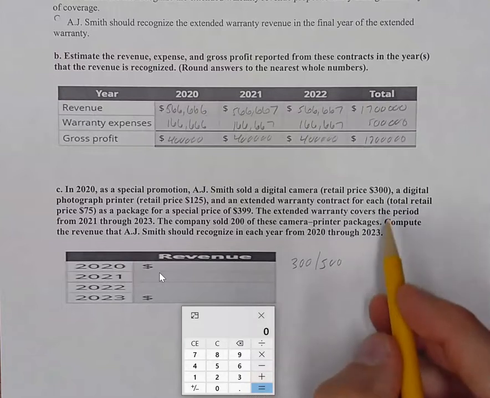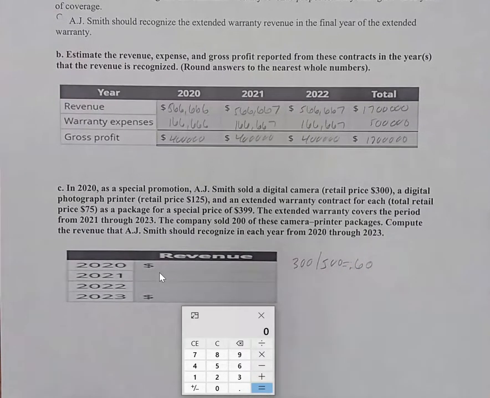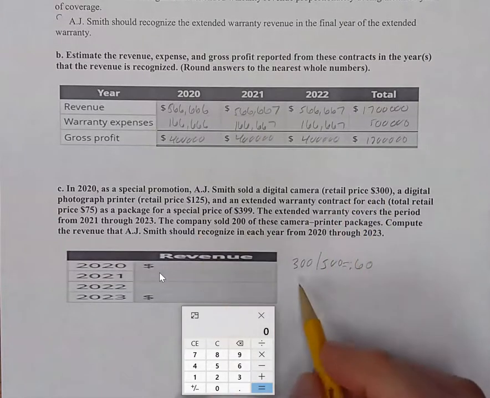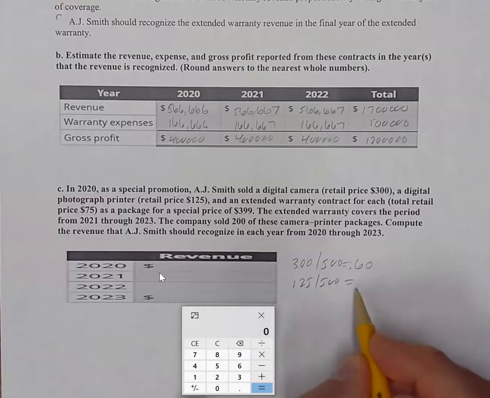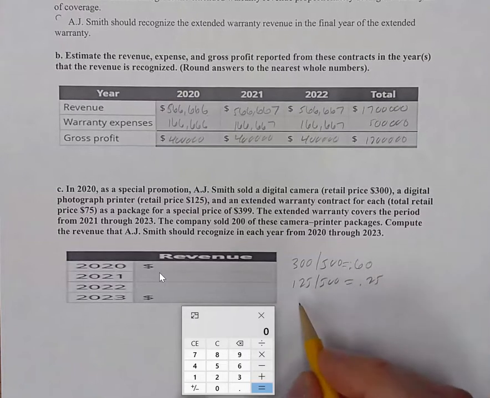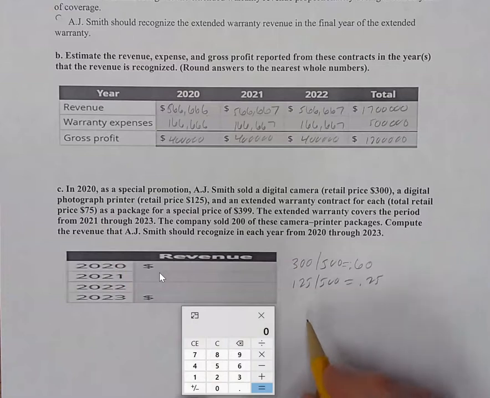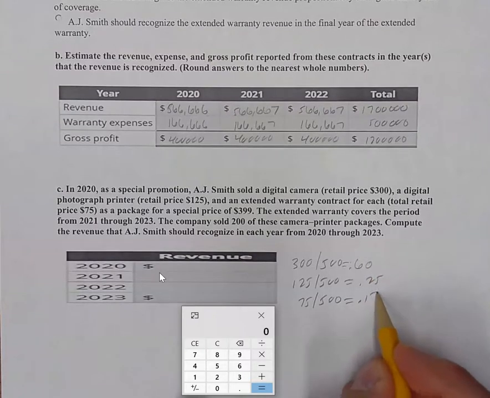So we got 0.60 or 60% for the digital camera. The printer is going to be 125 over 500 equals 0.25, and then the extended warranty is 75 over 500, which is just going to be the remaining, that's 15%.